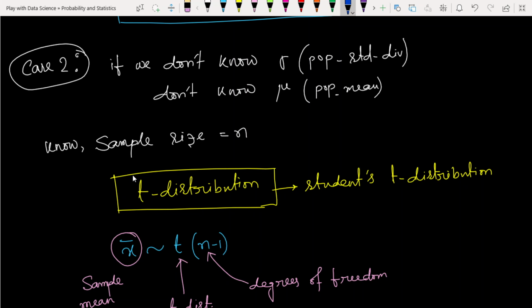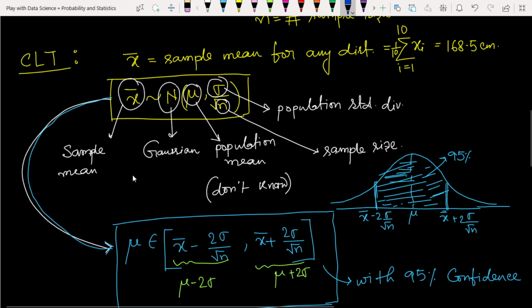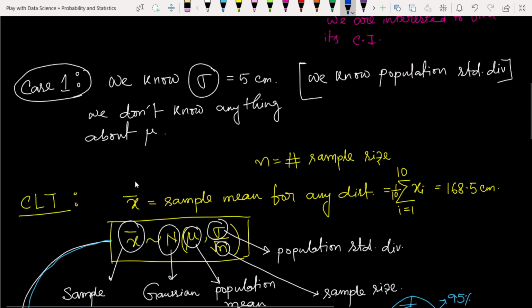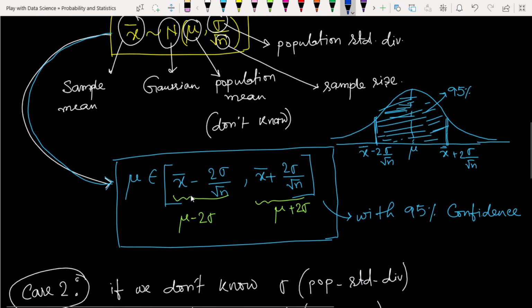So we will see there are only two types of cases. If we know the population standard deviation, then by using the central limit theorem we can easily find the confidence interval.